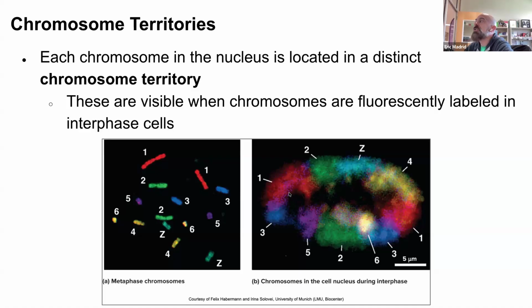In this picture, what they're trying to show you is that they have each different homologous pair stained a different color. When you look inside of the nucleus during interphase, when the cell is using those chromosomes to make stuff, even though they are not condensed into that X-looking shape that we would see during metaphase, they are still at least separated. Your chromosome number 1 information is going to be spread out, but it's not intertwined or bleeding into your chromosome 2 DNA.